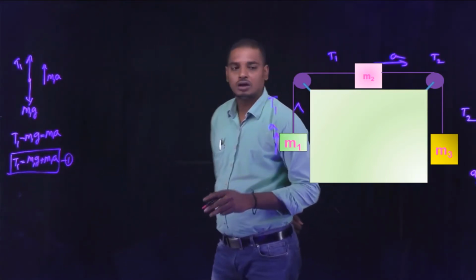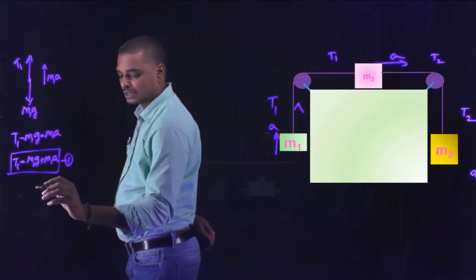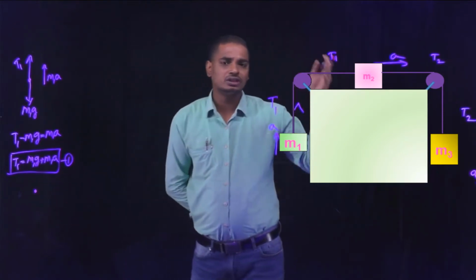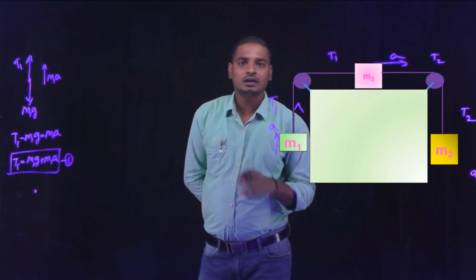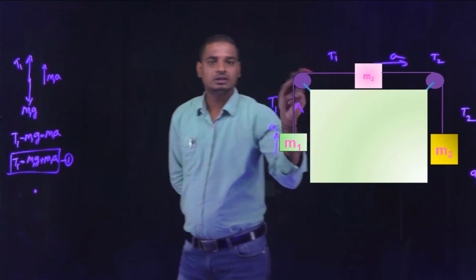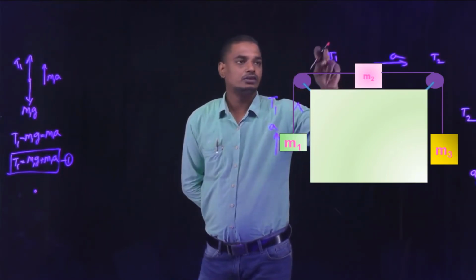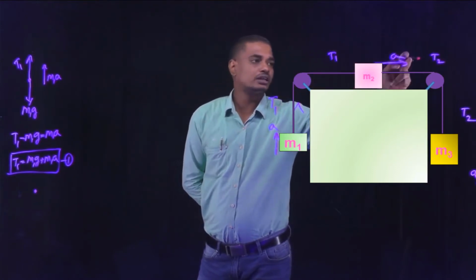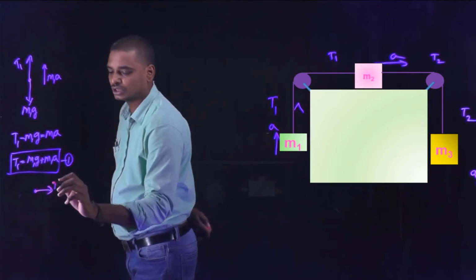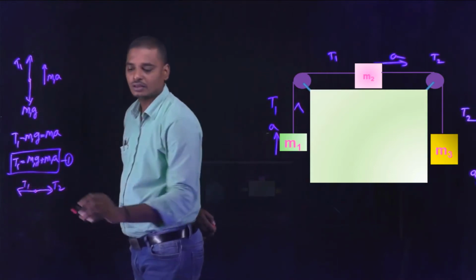Now draw the free body diagram for the second block. Along the vertical direction there is no movement, so I am drawing the forces along the horizontal direction only. There are two strings connected. For the first string the tension is T1, and for the second string the tension is T2. In this direction there is a tension T2, and in this direction there is a tension T1.